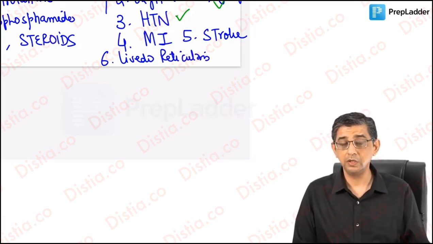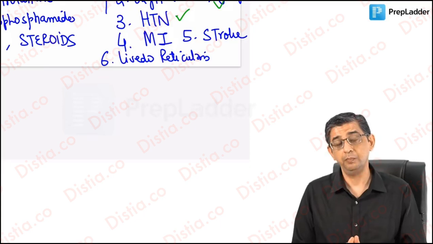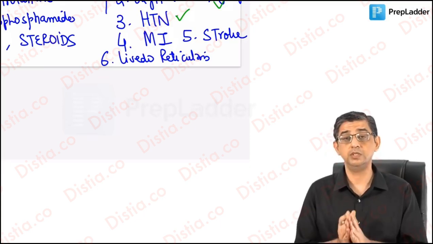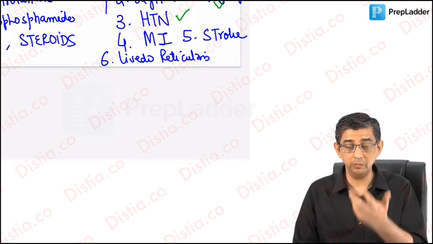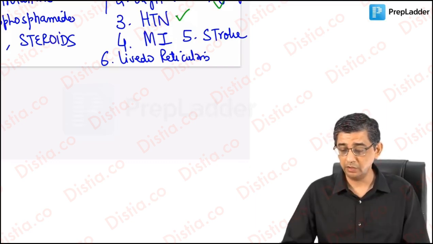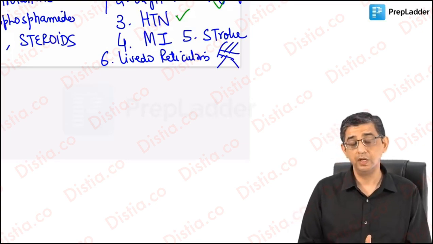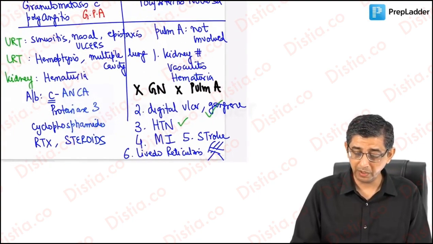Fishnet appearance on skin biopsy immunofluorescence is what you read with pemphigus vulgaris, but here I'm talking about simply not a biopsy. I'm just saying the physical appearance of the skin to naked eye. I'm not talking about any immunofluorescence study. To the naked eye, there would be a fishnet appearance of the blood vessels running in all directions, which we call as livido reticularis. The antibody that can be present in this case is P-ANCA.